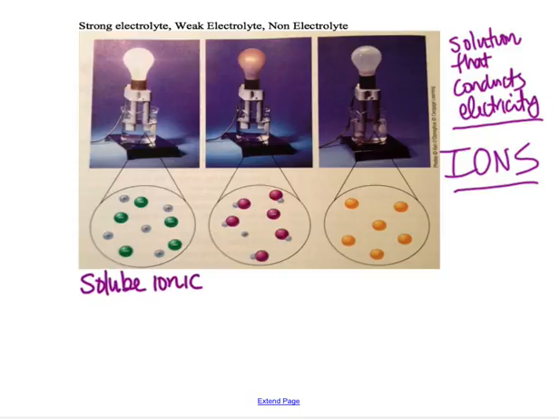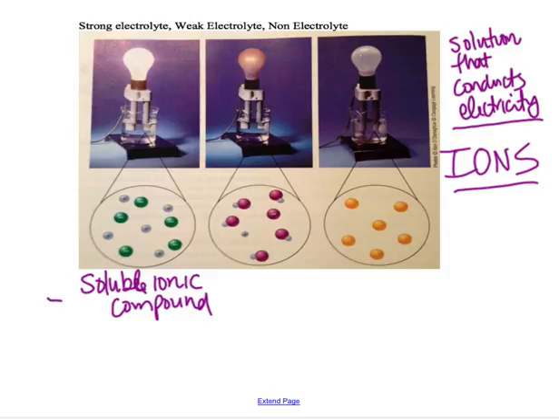If it's a soluble ionic compound, it is going to dissociate 100% and be all ions. So ionic compounds that dissolve will dissolve 100%. Which ones don't? We have solubility rules that we're going to look at in a little bit, okay? And those will usually be weak or non-electrolytes, if they don't dissolve. But if they dissolve, they conduct electricity.